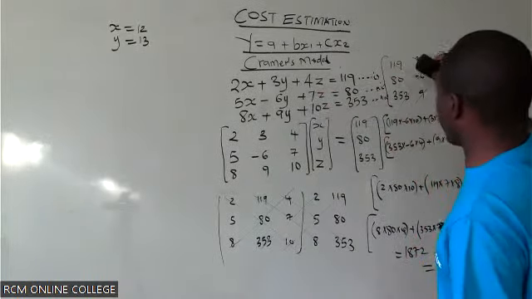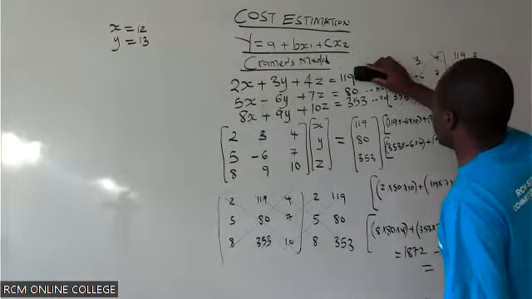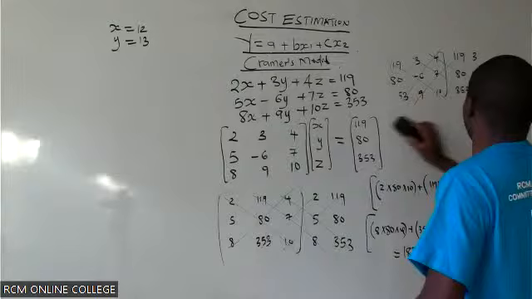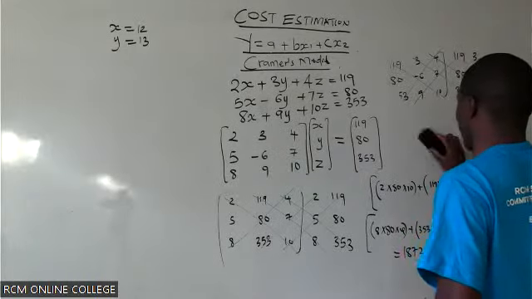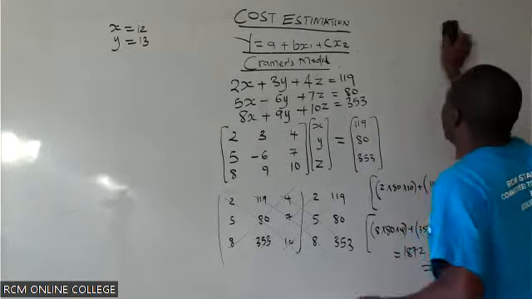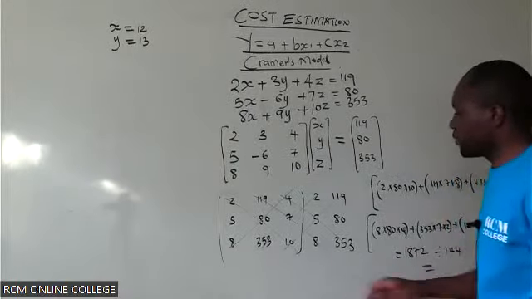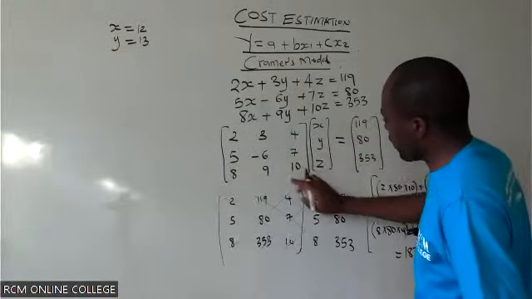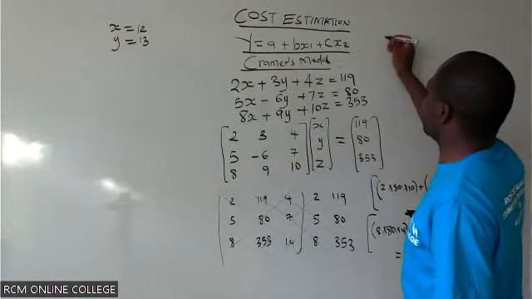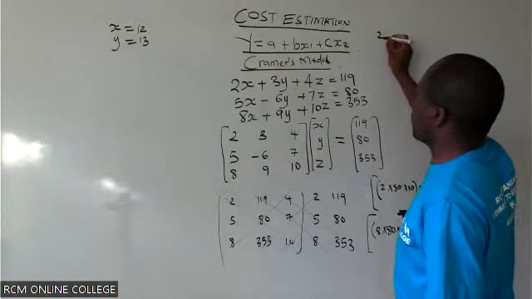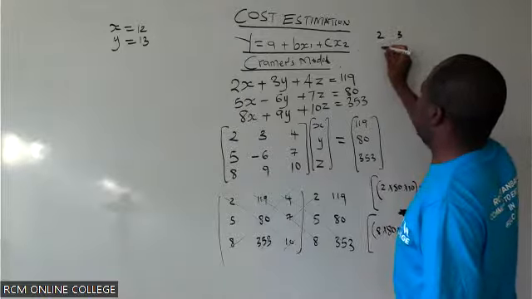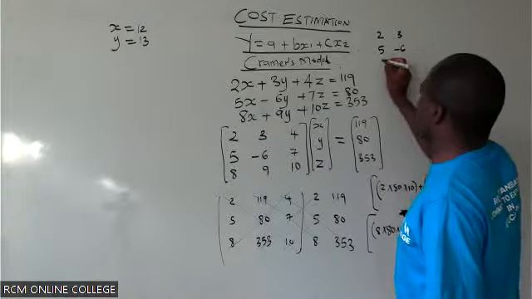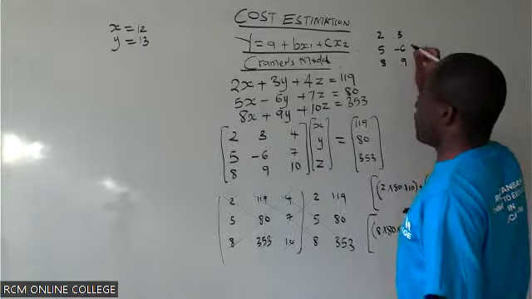We want to go ahead and get the value of z. So the value of z, of course, I will come and insert it here. Remember, we are replacing the third one now. So we have 2, 3, 5, -6, 8, 9.